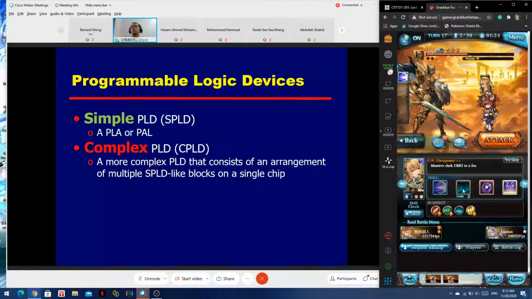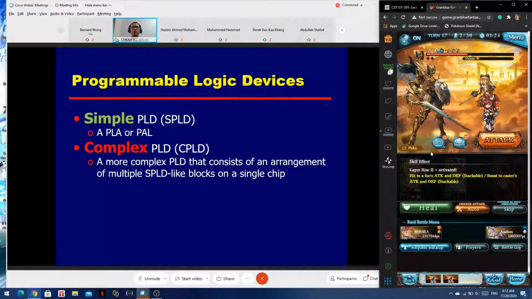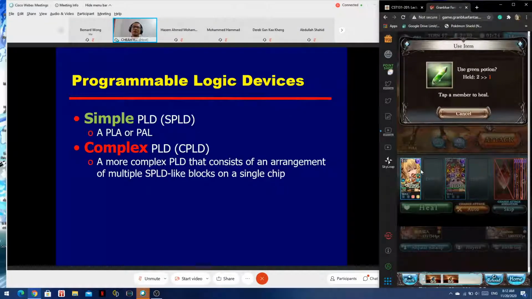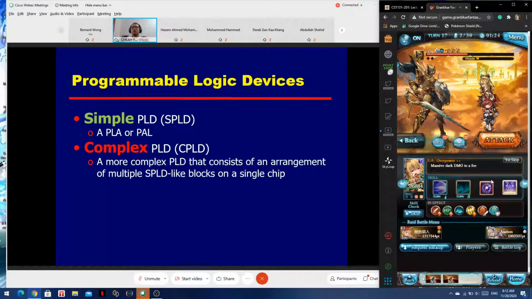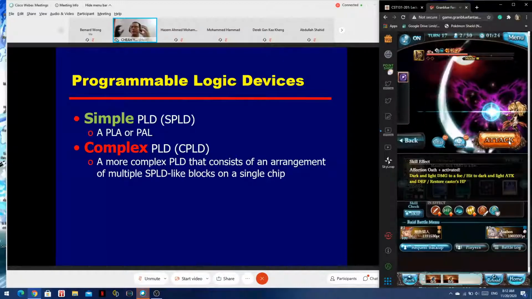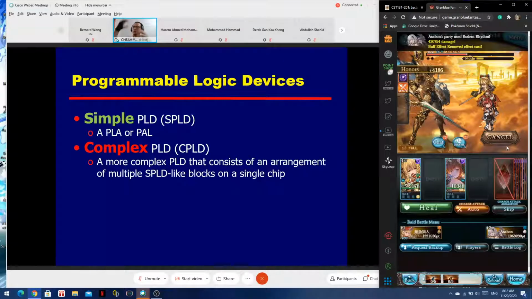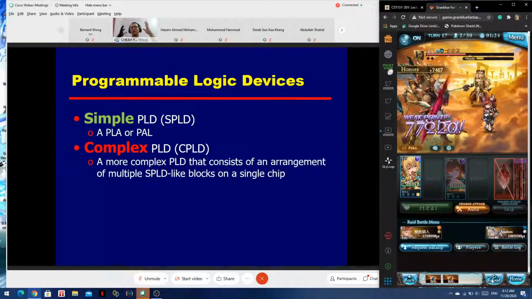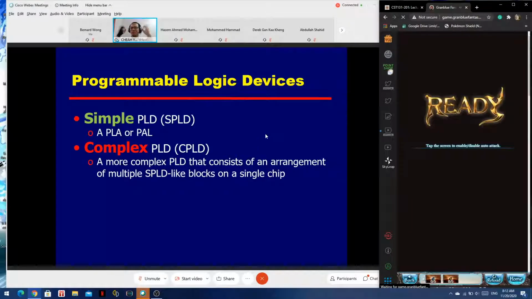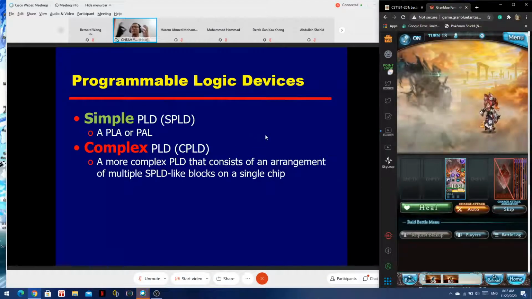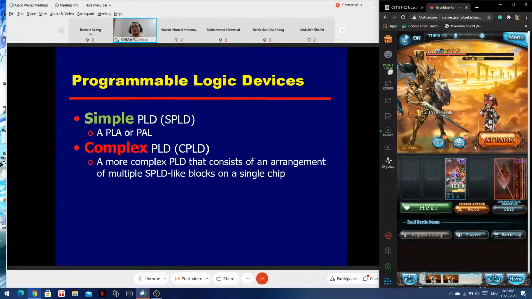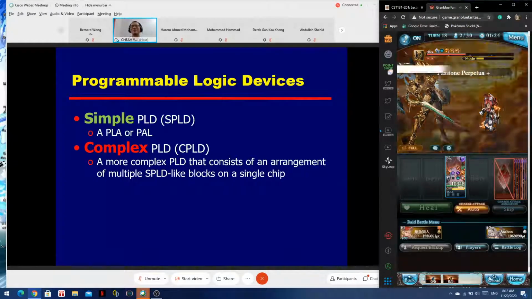Then we also have complex PLDs, whereby the arrangements of the chips are more complicated. They actually go into a macro level. That means imagine many PLAs or many PALs put together. That's the complex PLD.